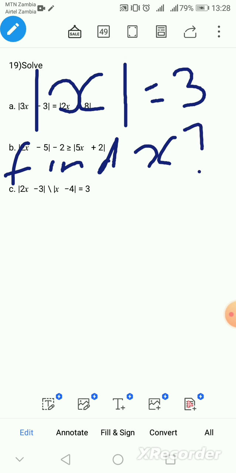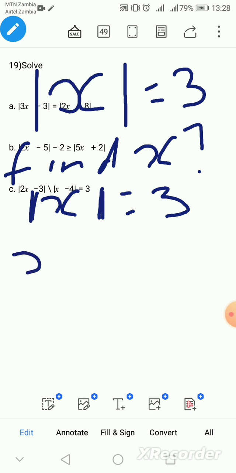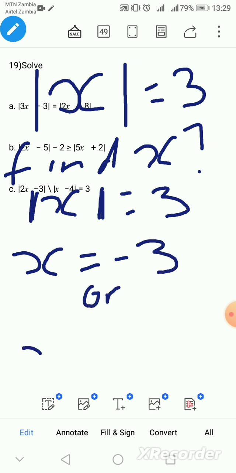So when you have the modulus of x is equal to 3, when we get rid of these straight lines, these absolute values, it simply means that the value of x was either -3 or +3.